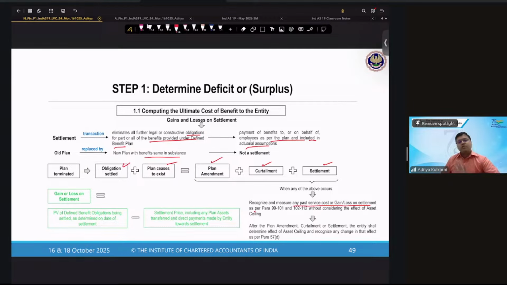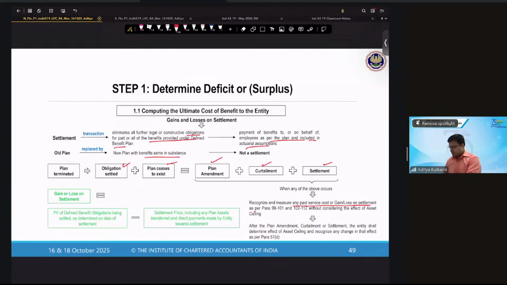As per para so and so, whatever. It is saying take it to the P&L immediately. Don't even wait. Don't even do a smoothing. Any past service cost, gain or loss on settlement, book immediately to the P&L. However big it may be, you will have to take that impact.